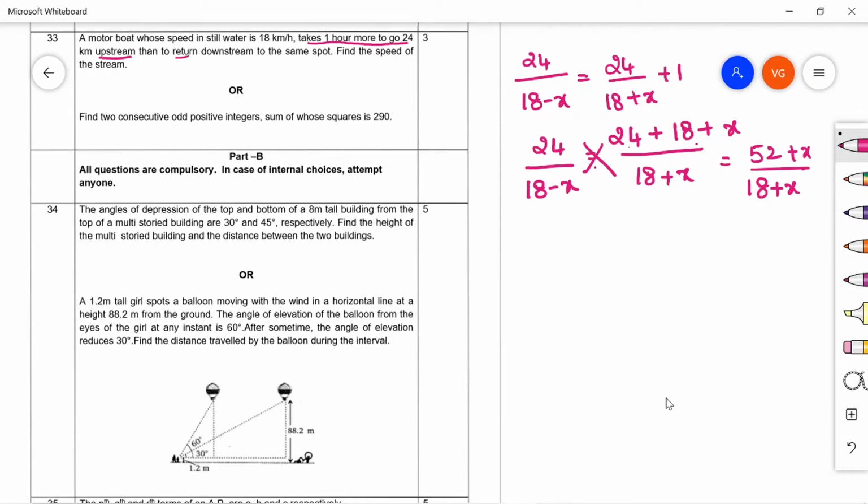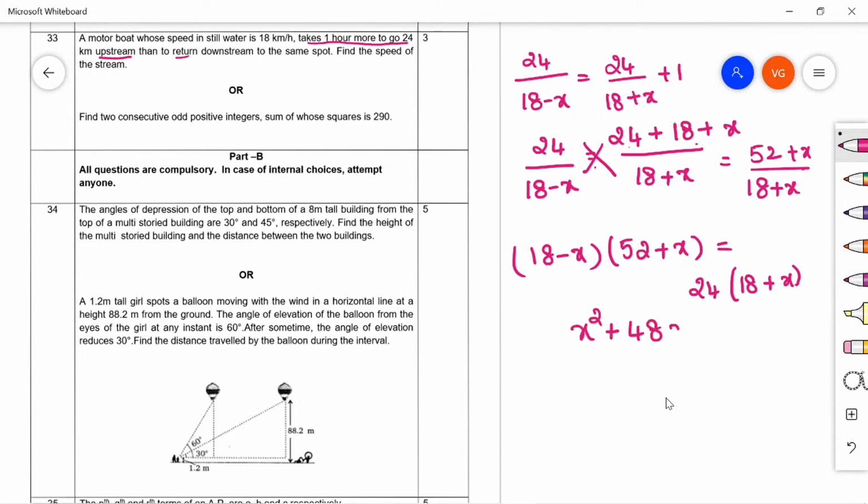Now taking 18 minus x into 42 plus x is equal to 24 into 18 plus x. You can simplify this one, and you will get the quadratic equation x square plus 48x minus 324 is equal to 0.